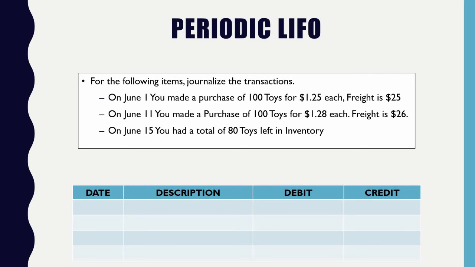June 1st. It would be purchase expense. Correct. And then the freight, no, freight would be the credit.